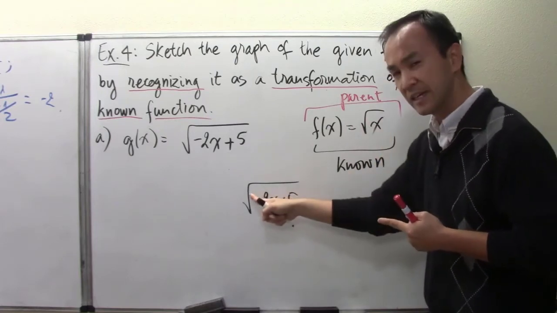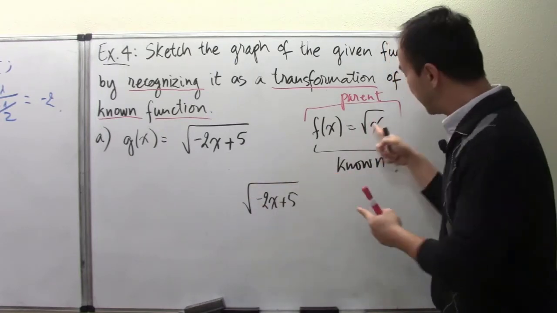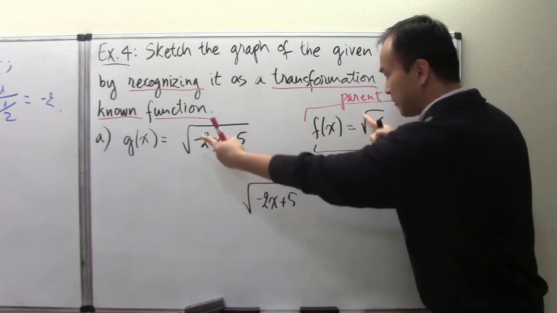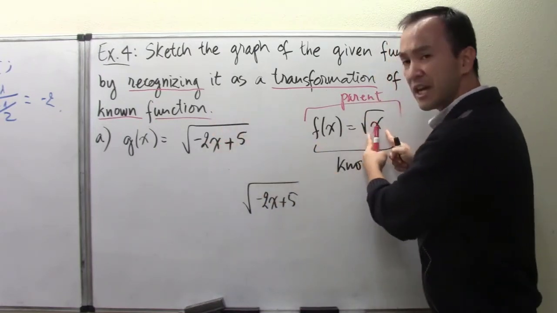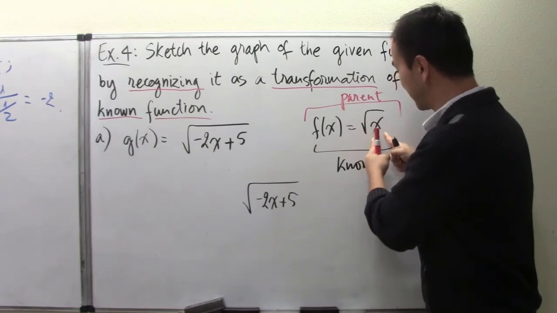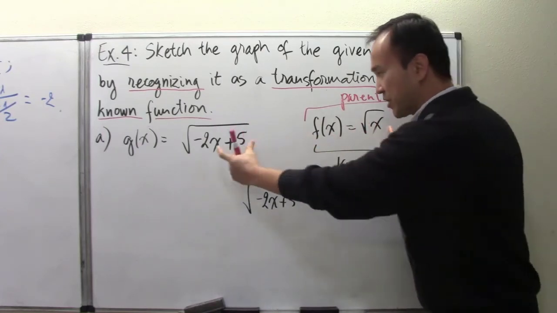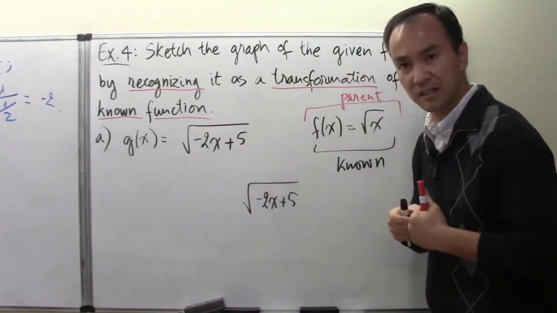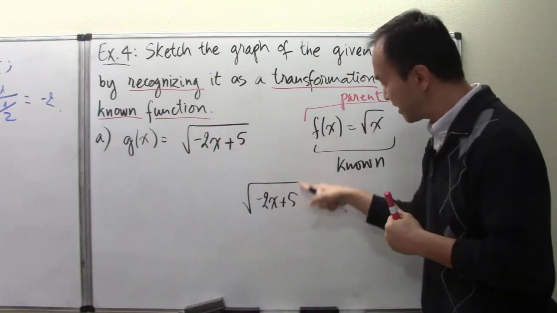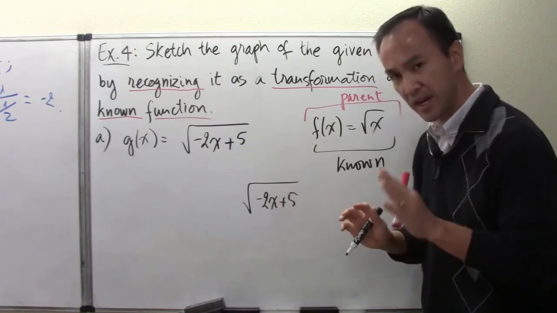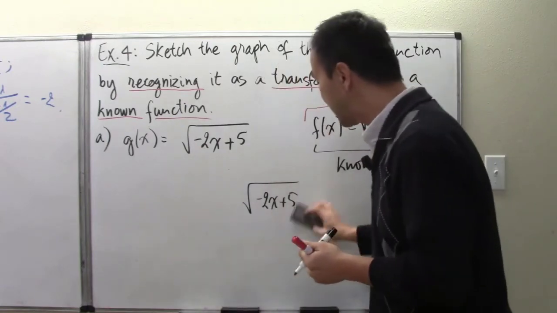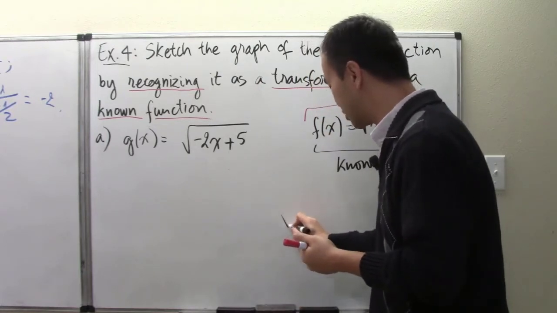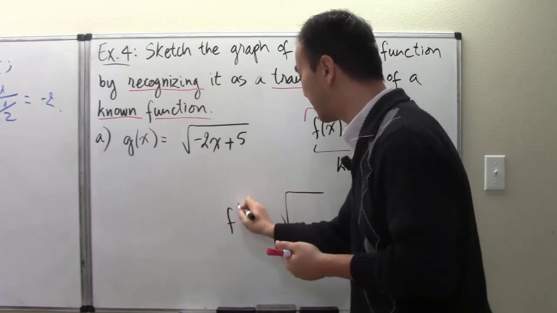Put the two things side by side: they both have a square root, but instead of this x as a simple input, we have a linear expression inside of the square root. So this linear expression inside of the square root, the point now is that square root means we're looking at the rule of f.